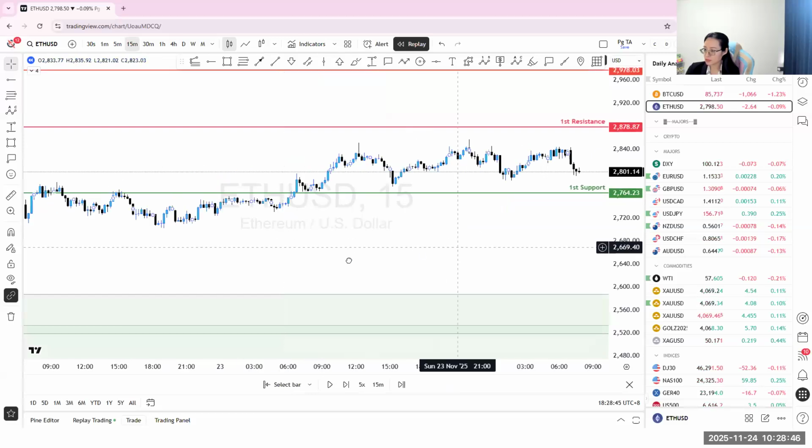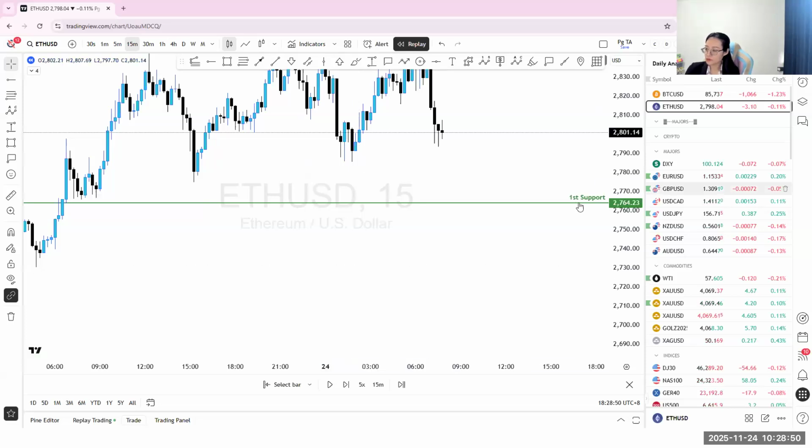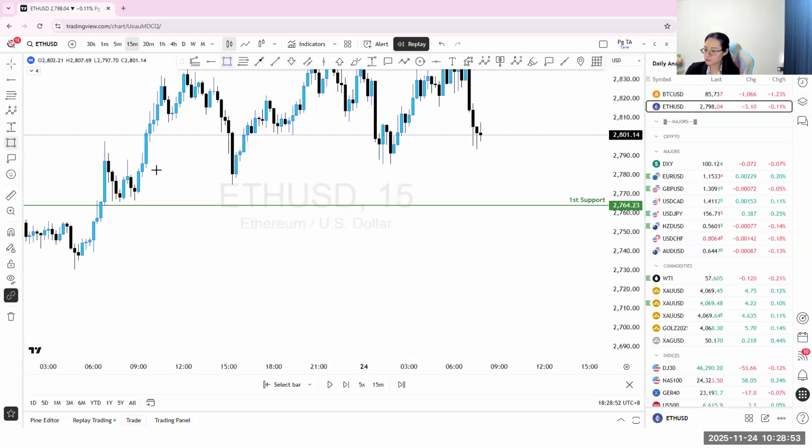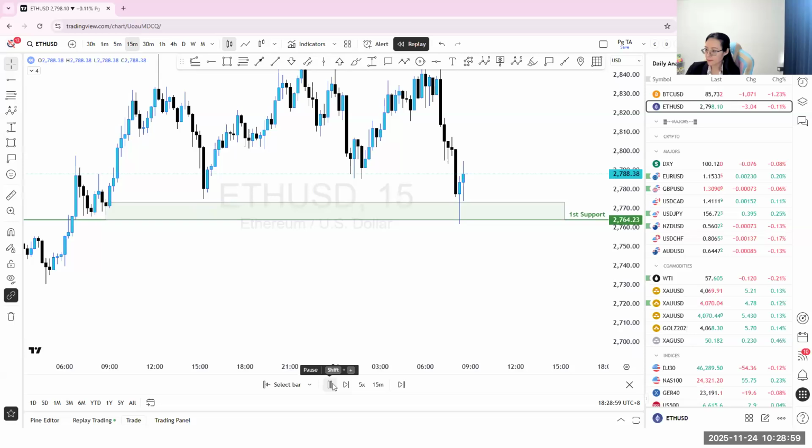Sometimes it can go back. You look to your left, the support level is below. M15 also has the OB here. So this is going to be your buy zone. Right?